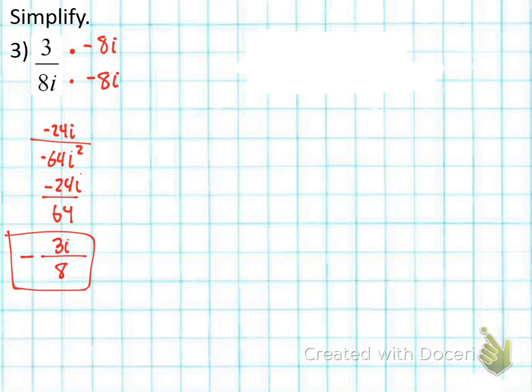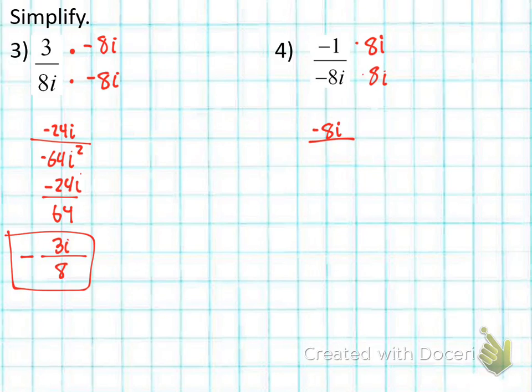That's it for number 3, so we do number 4 now. Ready? Go. Okay, on this one, of course, you're multiplying by the conjugate, which is positive 8i. So negative 1 times positive 8i is negative 8i. Denominator is negative 8i times positive 8i, which is negative 64i squared.